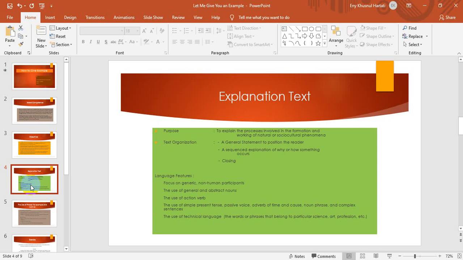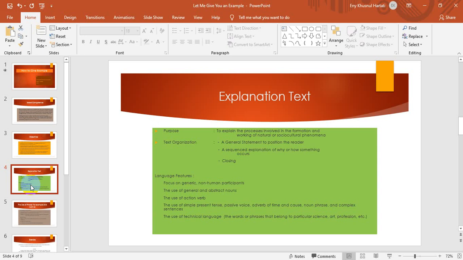For example, the beautiful girl, the English book. That's about noun phrase. And then complex sentence. There are 3 kinds of sentence: simple, compound, and then complex. In explanation text, we usually use complex sentences.